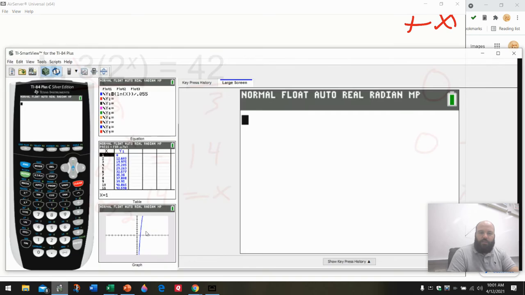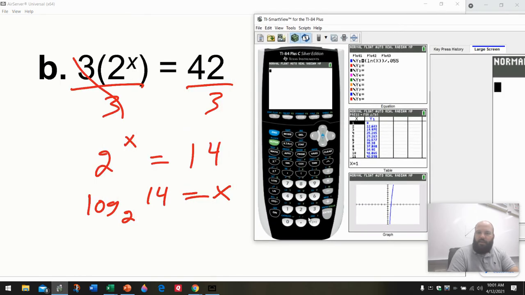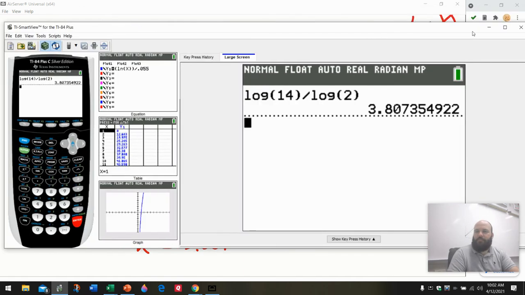We can utilize the change of base formula, which is probably the way that I would suggest doing it, which is simply to do log of 14 and divide by log of 2. And when I click enter, you can see I get 3.807. So x is 3.807. So we've rounded to 3 decimal places.